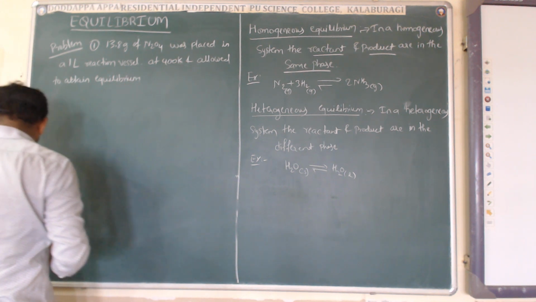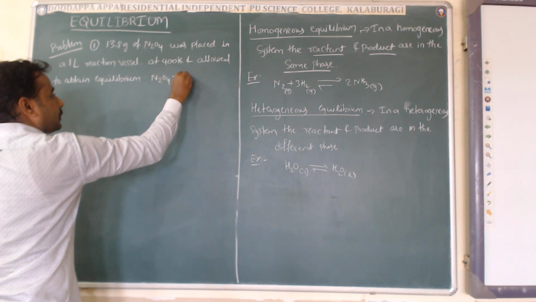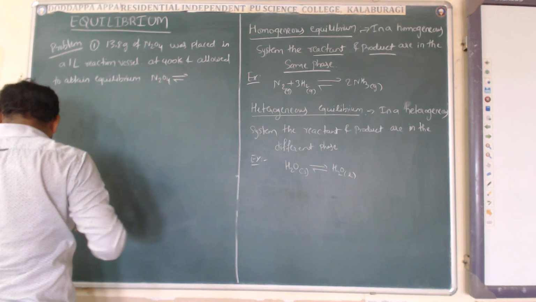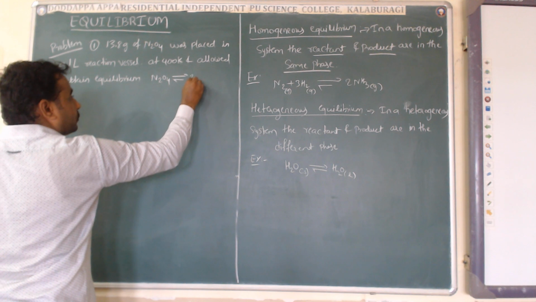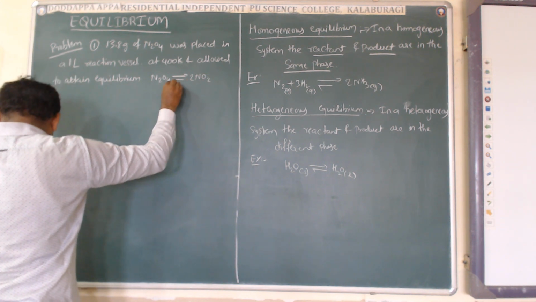N2O4 gives 2NO2 with the equilibrium sign. Both are in gaseous form.